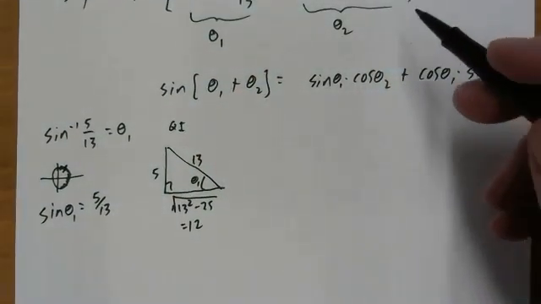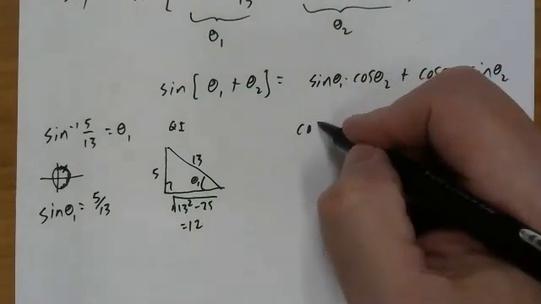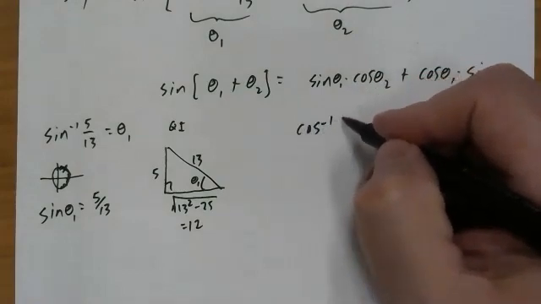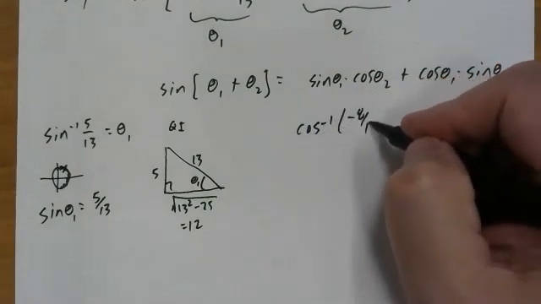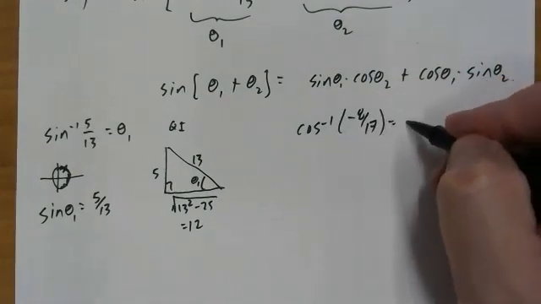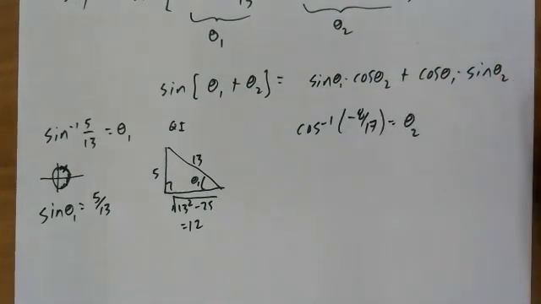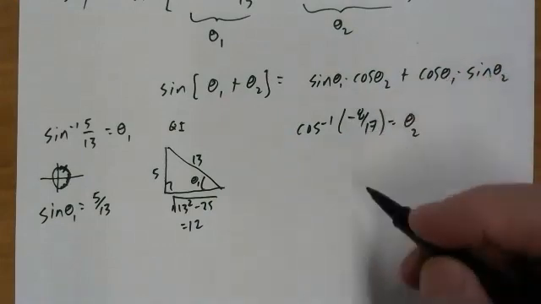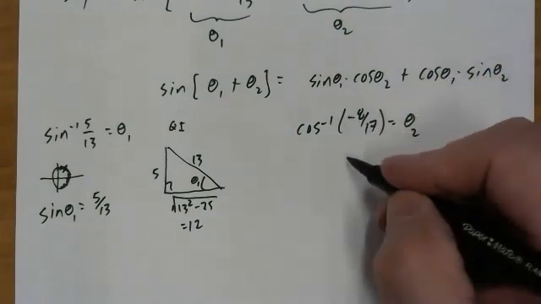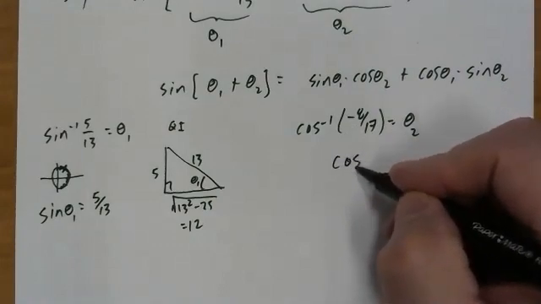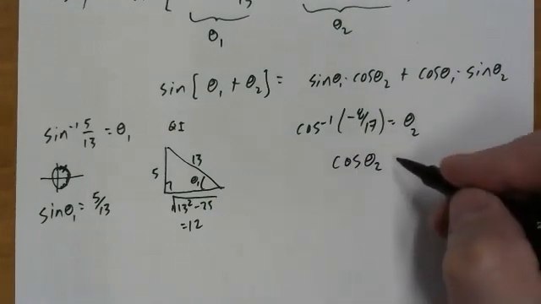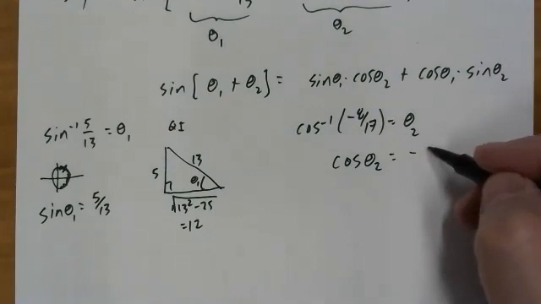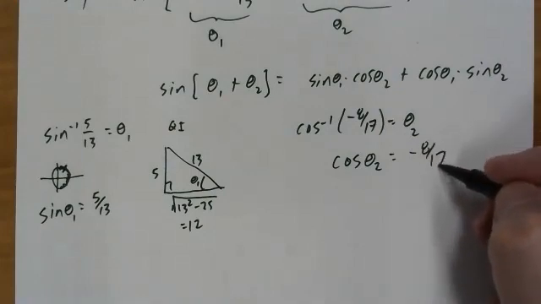I can do the same thing for cosine of -8/17. I'm calling that theta 2. Now I know this is really the same thing for this problem. I can say this is really the same thing as saying cosine of theta 2 equals -8/17.